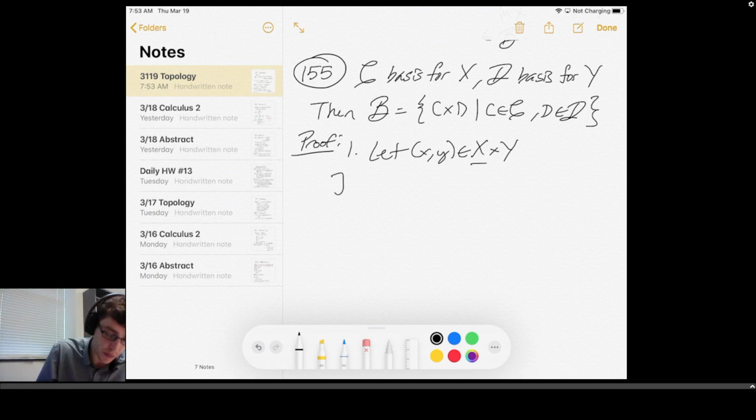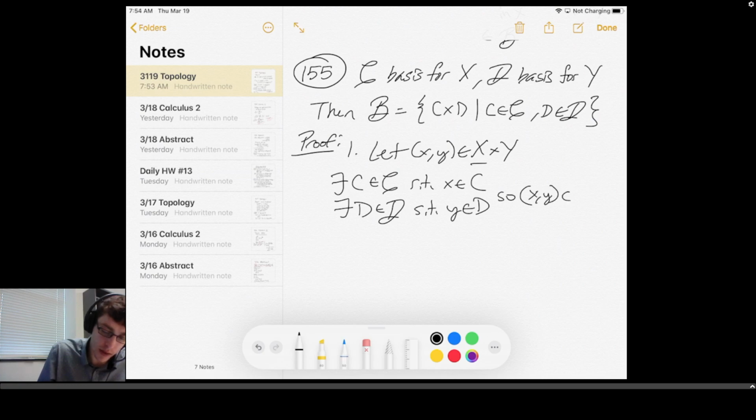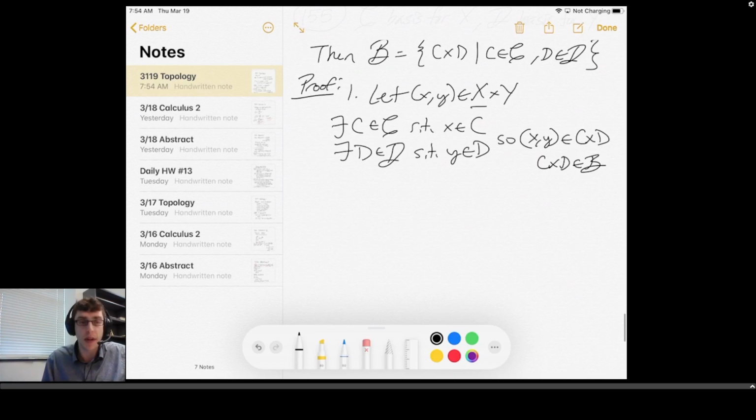So there exists a C in C such that x is in C. There exists a D such that y is in D. So (x,y) is in C cross D. And C cross D is in B. So it's a little more work, but follows almost immediately from the basis. And I think that's what Rippy was hinting at earlier, that you just take the ones individually.